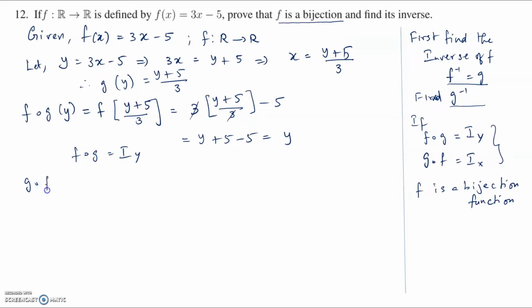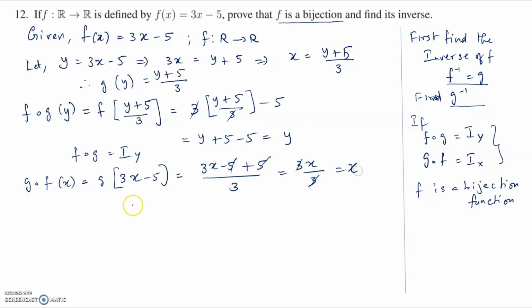Similarly, let's do g of f of x. So that's g of 3x minus 5. Substituting that in g of y, you will have 3x minus 5 plus 5 divided by 3. 5 and 5 will be cancelled. So you have 3x by 3. Again, 3 cancels, and it is equal to x. Therefore, g of f is equal to the identity function with x.